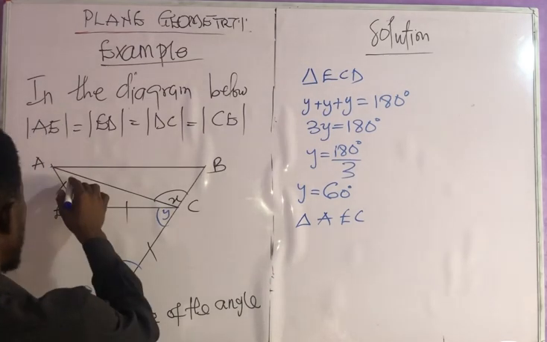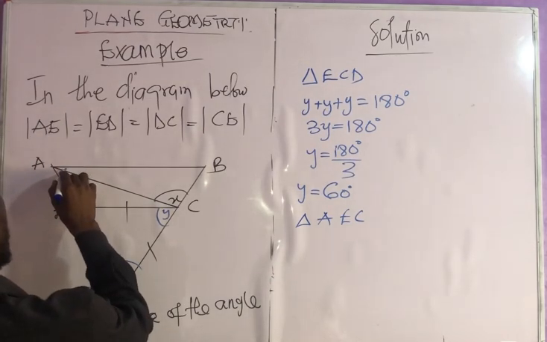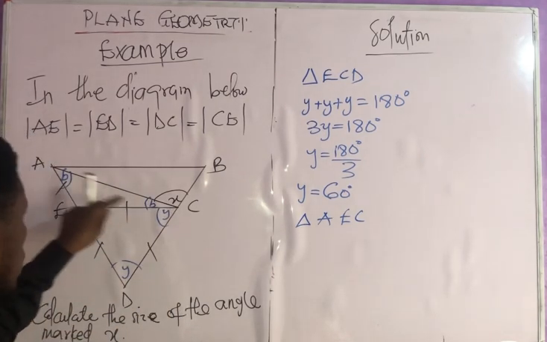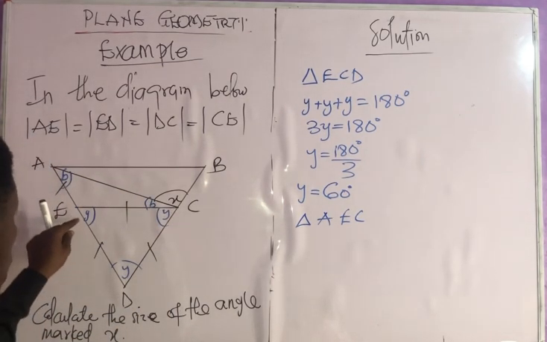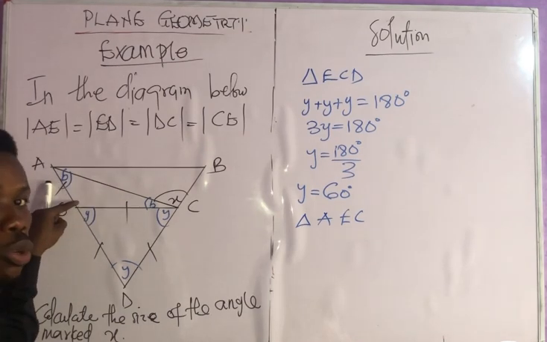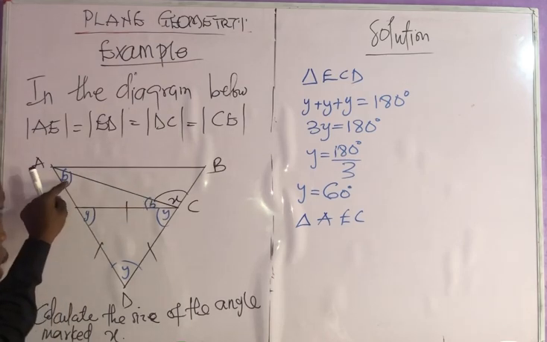Equal. So let me use B here. If this side is B, then here too will be what? B. Because they are saying that the base angles are equal. Now, how do I get this? I need to get this angle here. So if I can get this angle, then I can work with the B here.